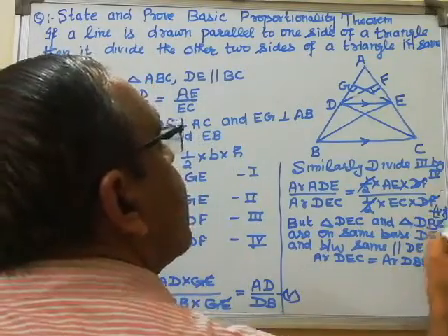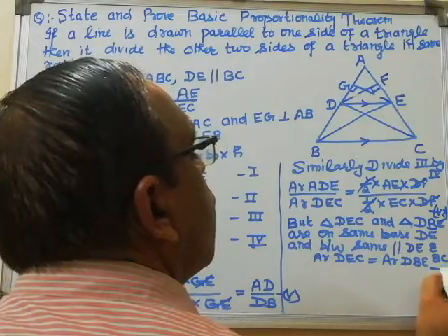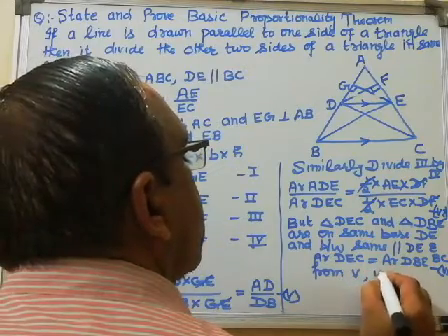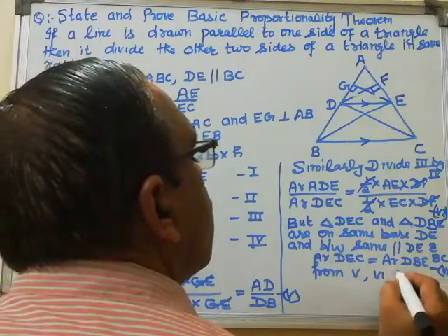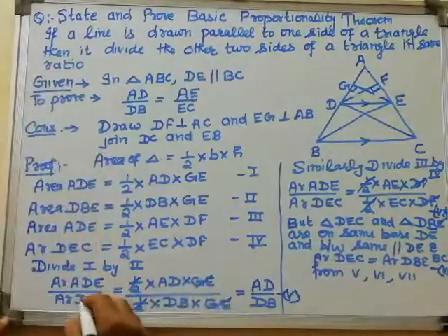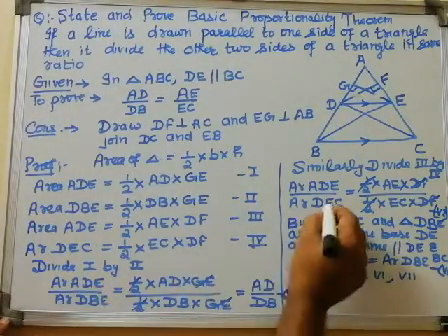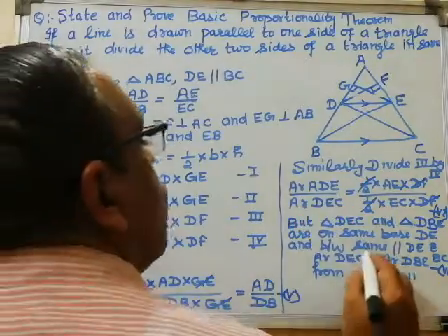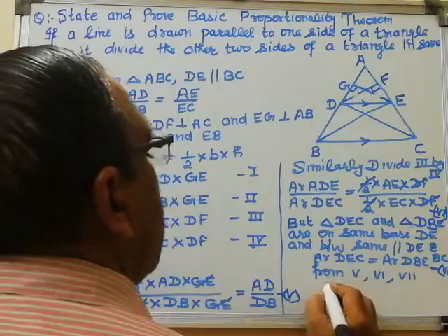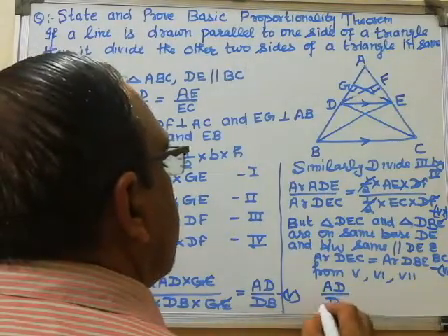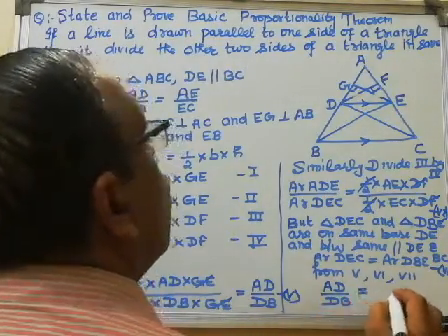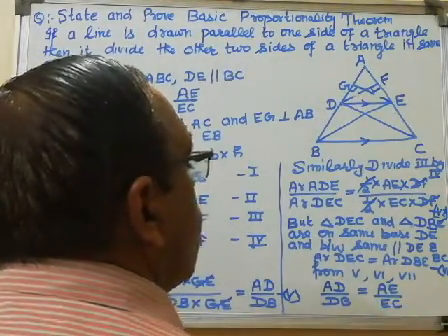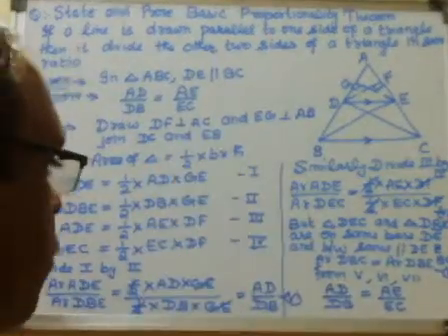This is fifth, this is sixth, and this is seventh equation. From fifth, sixth, and seventh equation, you can see that the left hand side ADE over DBE, because DBE is equal to DEC. Okay, so that means AD over DB equal to AE over EC. Okay, so this is the theorem.